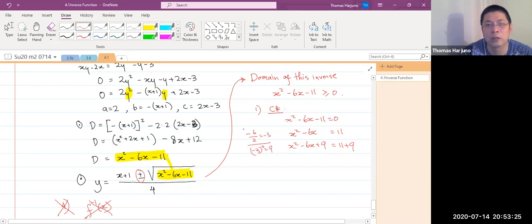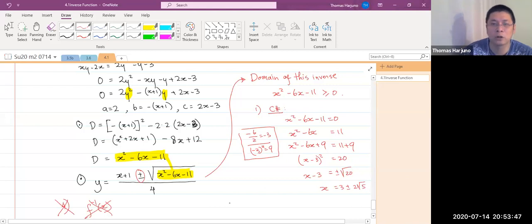That's how we get it. So we get (x minus 3) squared equals 20. So x minus 3 equals plus or minus the square root of 20, which is x equals 3 plus or minus 2 square root of 5. Those are the critical numbers. Step 2, sign graph.